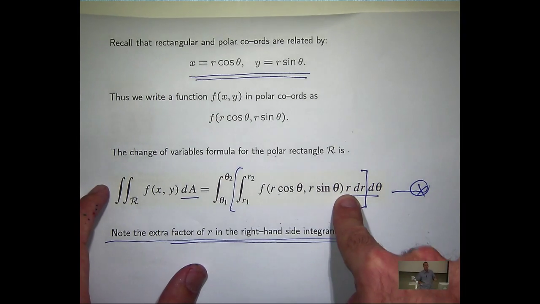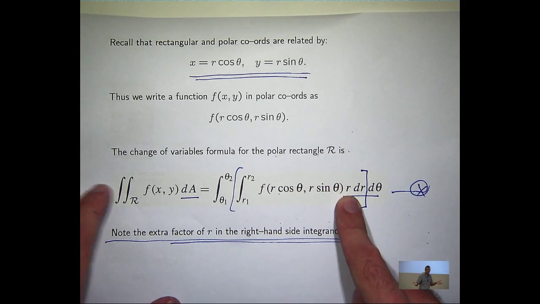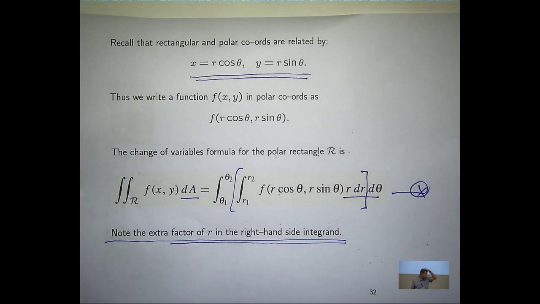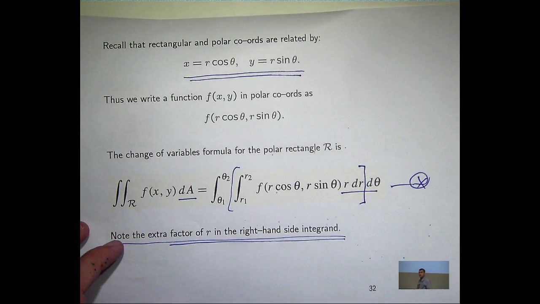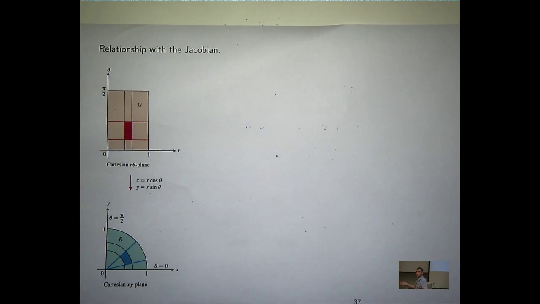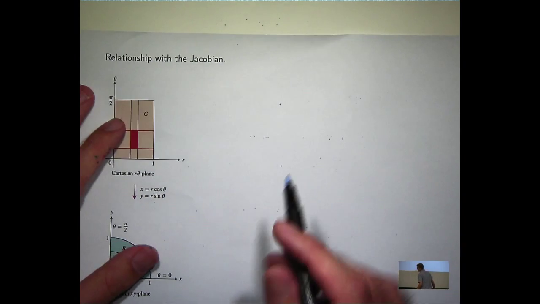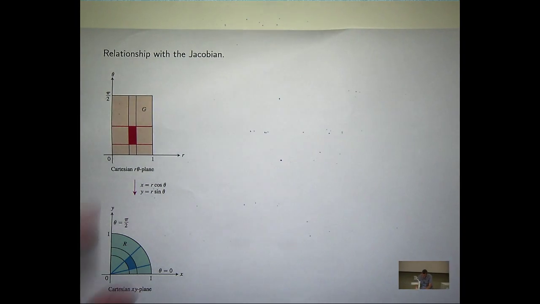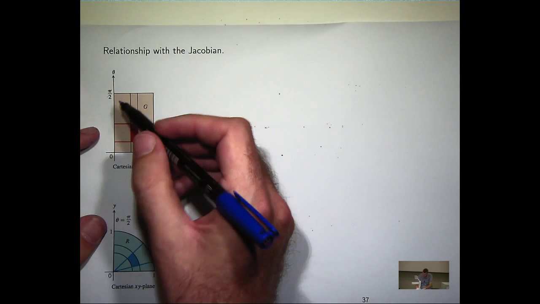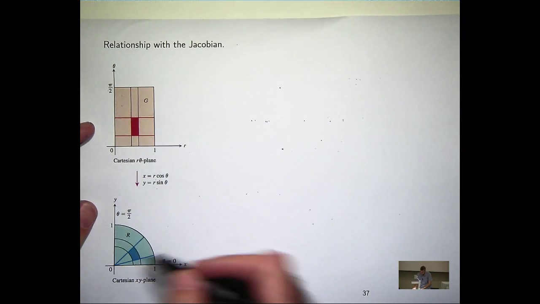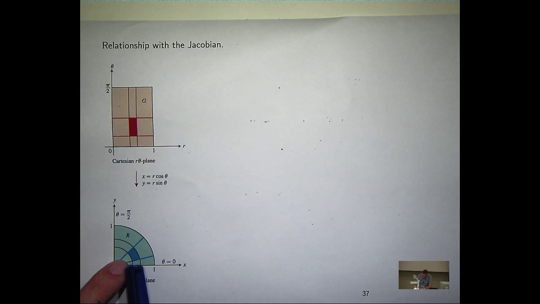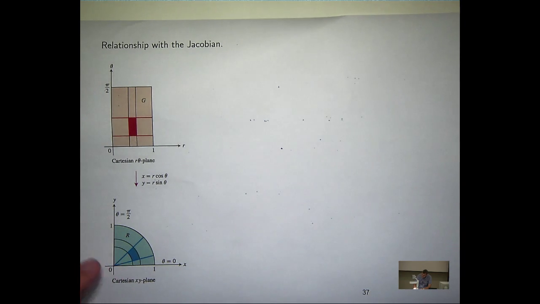Now, I have talked a little bit about where this factor of r comes from, but I just wanted to give you the bigger picture. There is a bigger picture going on. It's not just all about polar coordinates. I guess in this context, what's happening is your region of integration in the xy plane is here.